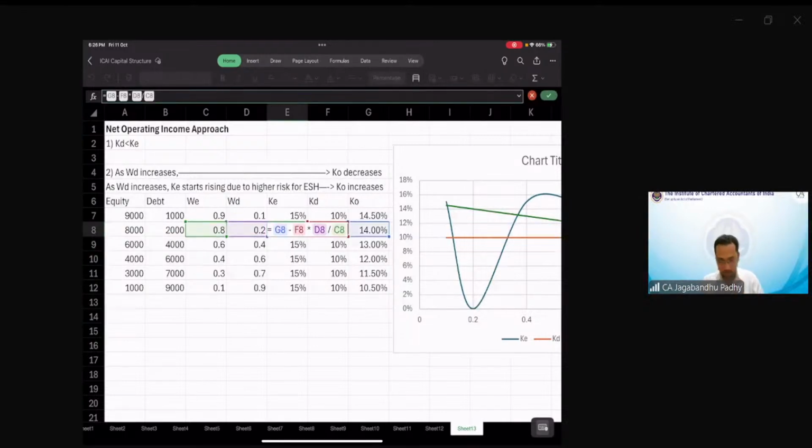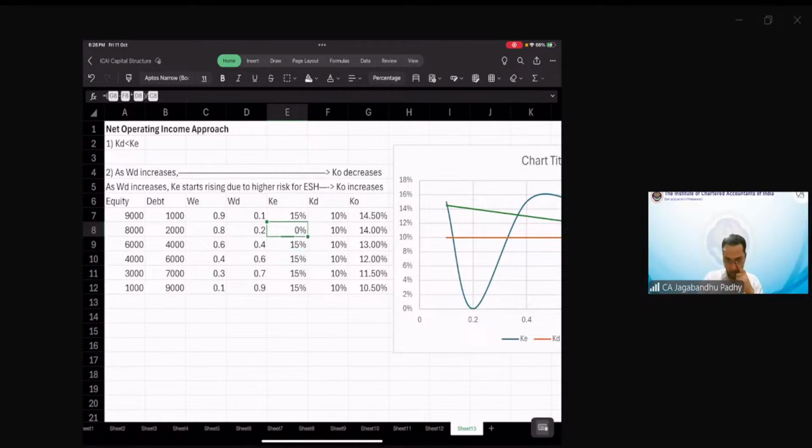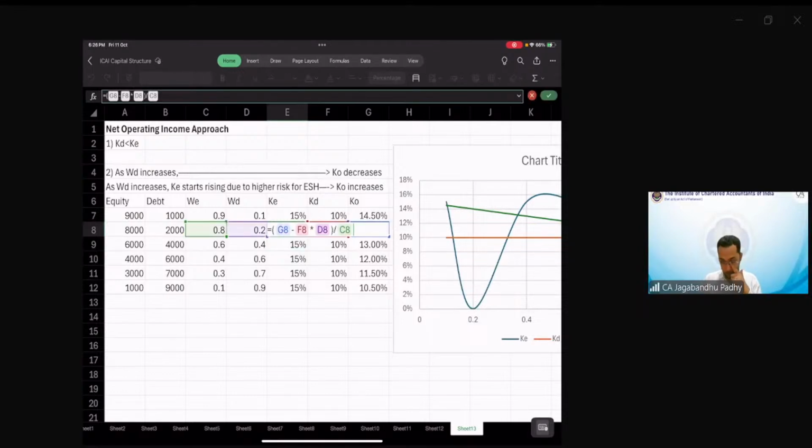Let me just properly put the numbers. We have, this is going to be basically the reverse calculation, because we have to ensure, as per the model, they're saying overall cost of capital will remain constant.